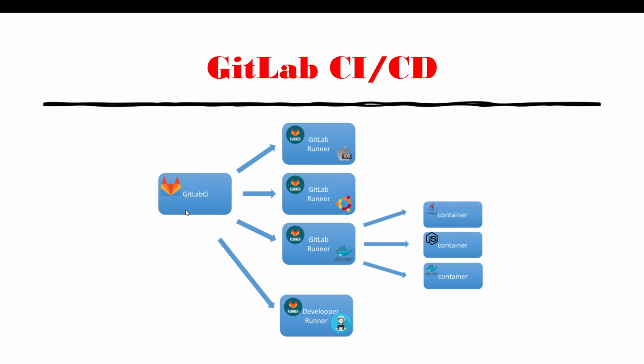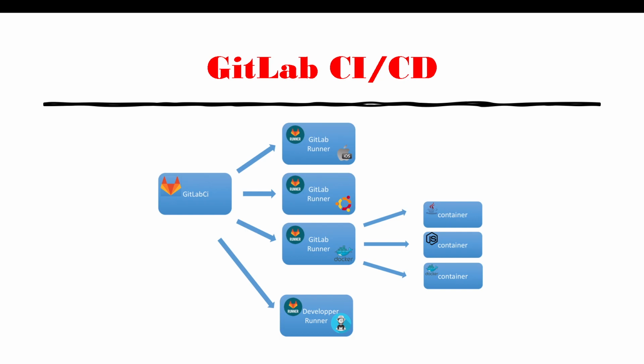So again, when the pipeline is executed, the job can be picked up by any of the runners, and you can also configure whether a particular job needs to be picked up by a specific tagged GitLab runner.